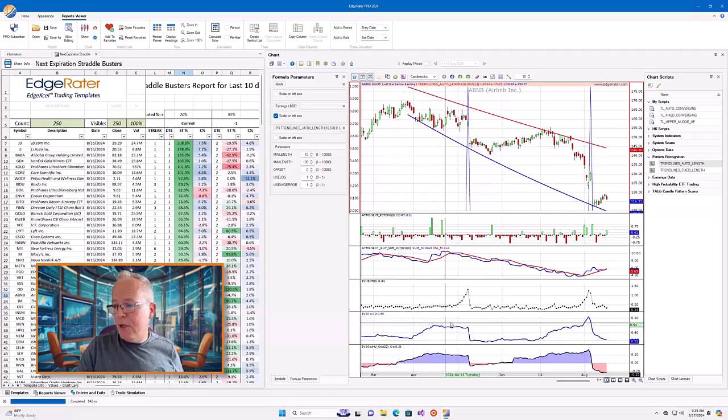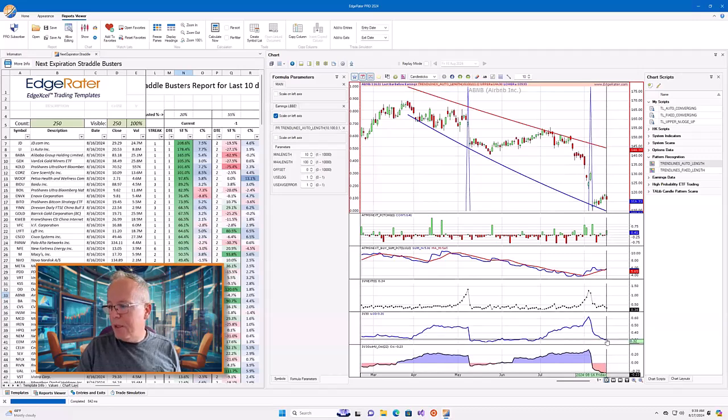So that's plotted down here. Always good to see, so you know if options are expensive or cheap. Right now in Airbnb, they are relatively cheap on the 30 days to expiration. And on the next expiration, which currently is next Friday, they're not as cheap as they have been, but still not too expensive.